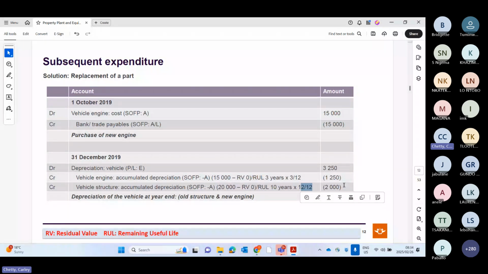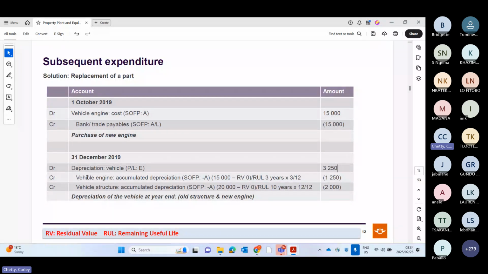So when you do this journal, you'll see that they debit depreciation and then they credit vehicle engine accumulated depreciation, and they credit vehicle structure accumulated depreciation. So they only process the depreciation once, okay? So this is a good way to do it. If you were to do separate journal entries though, maybe you debited depreciation and then credited vehicle engine accumulated depreciation with the 1,250. And then you did the same for vehicle structure.